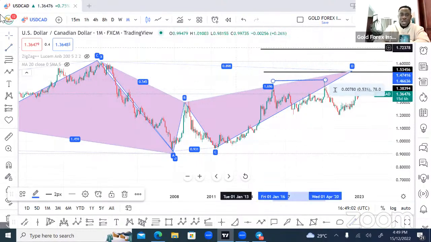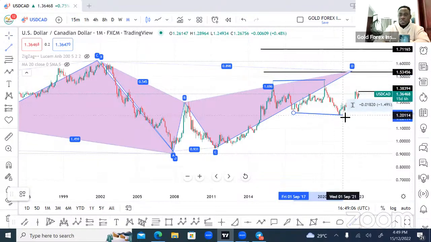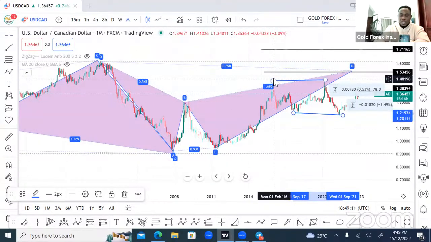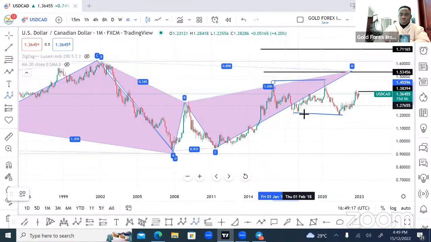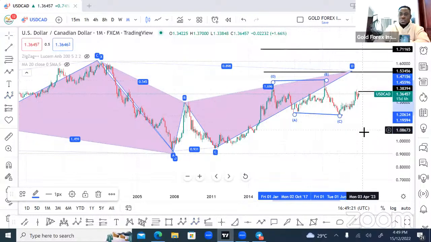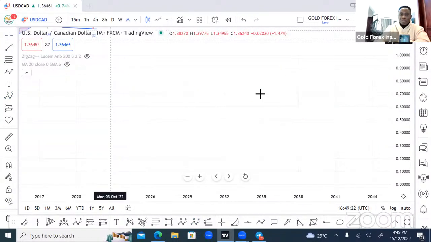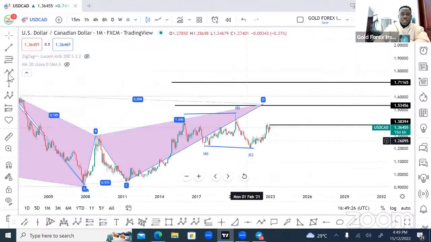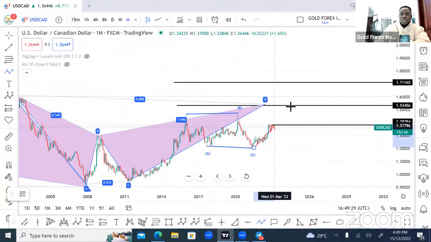This was an equal highs, and this one formed below. This is a regular flat correction. That means this is an impulsive leg. Now, this ABC flat correction means we are going for another impulsive leg over here to this level or this level.